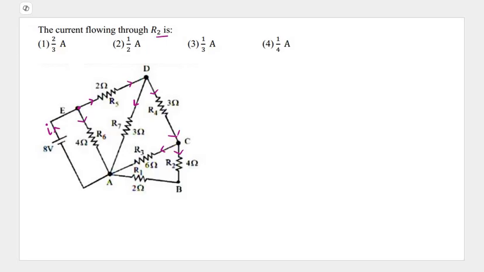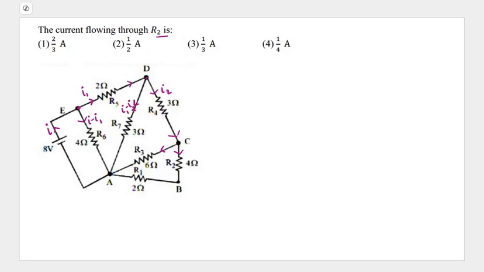So you see very clearly where the current will be splitting. Say for example I1 will be the current here, and the rest of the current will go here, I minus I1. Then when I1 reaches here, it again splits into two parts. Let's say I2 will go here, then I1 minus I2 is the rest of the current.